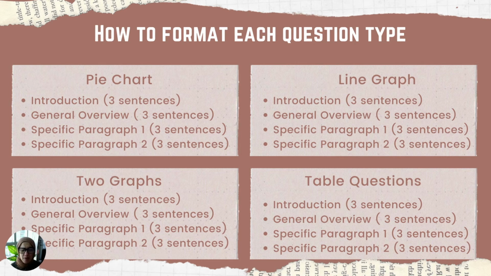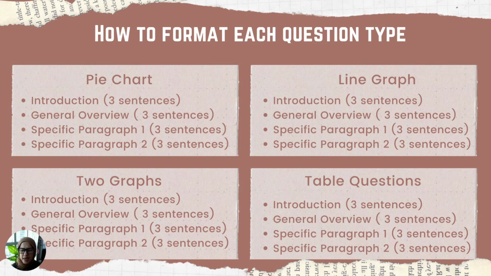So now let's talk about how you should format your answer for each question type. These are the type of questions you may see in the IELTS Writing Task 1 academic section. You may be given a pie chart visual or a line graph, 2 graphs visual where you have to compare both graphs, or a table question.